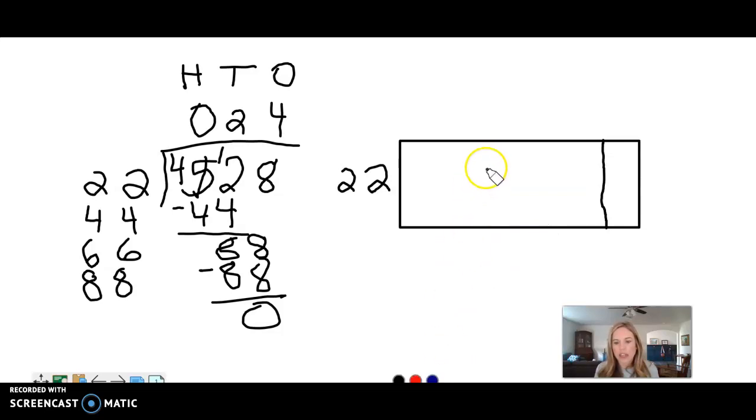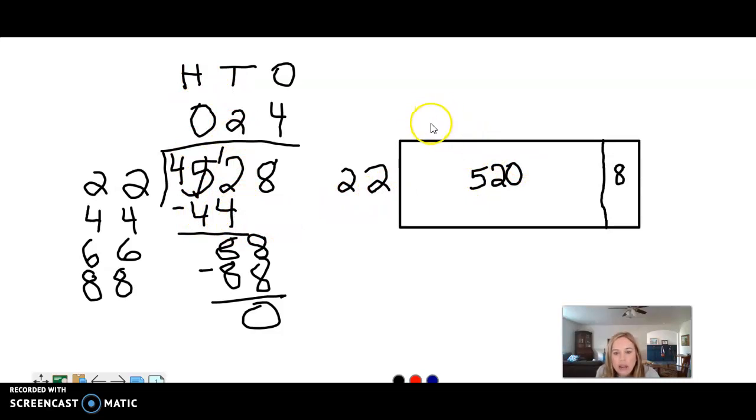So we'll say this area is 520, and this area is 8. It would probably be a lot smaller than that, but work with me here. Okay, so 22 went into 520 20 times. And when we got that, we got an area of 440, right?